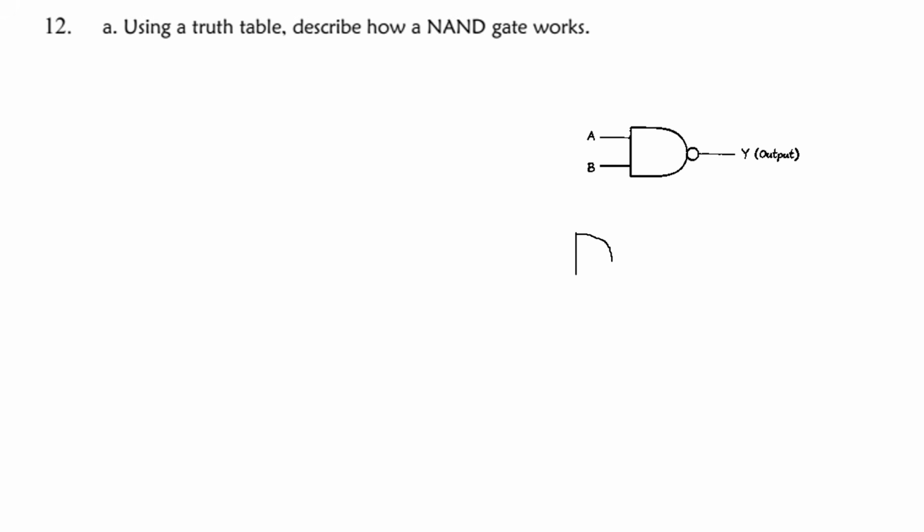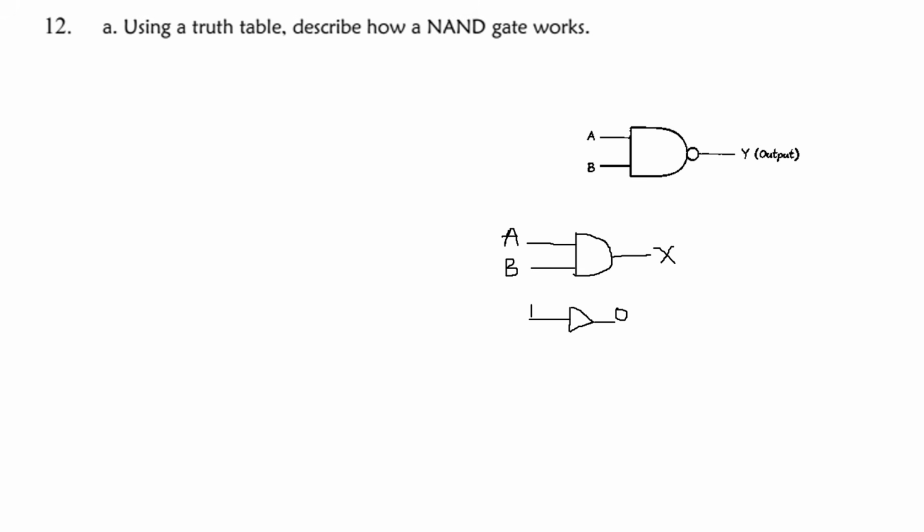This is an AND with two inputs, call them A and B, and one output, call it X. While a NOT is simply something like this, with one input producing one output.